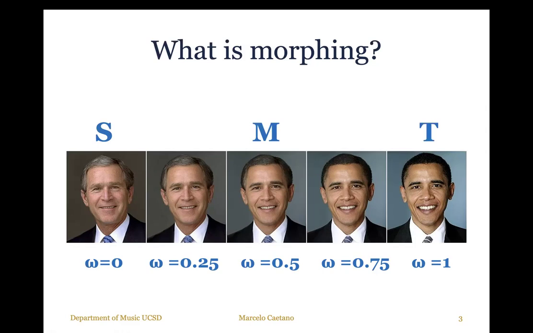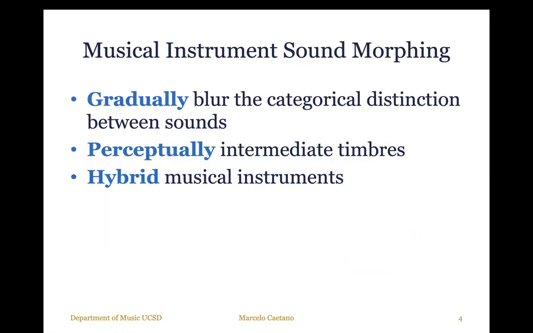Ideally, when omega is 0.5, exactly in the middle, we would be perceptually halfway between source and target, which I believe is the case for the images here, but it's way harder to do when we're morphing musical instrument sounds, because musical instrument sound morphing gradually blurs the categorical distinction between the sounds to create perceptually intermediate timbres.